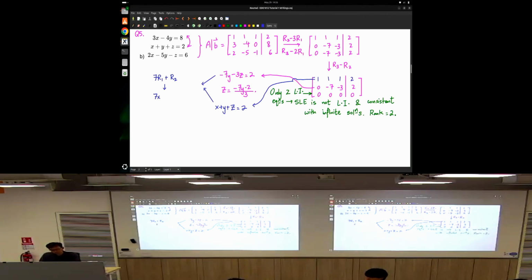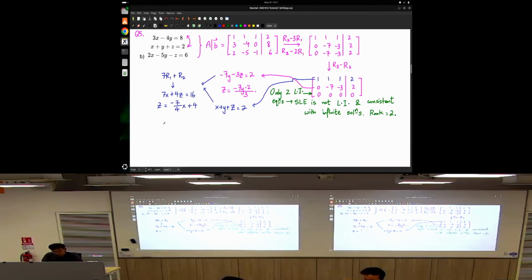So I'm going to get 7x plus 0y. Then after that, I have 7z minus 3z, so I'm going to get plus 4z. So therefore, this is equivalent to 14 plus 2, so that's 16. So isolating z is going to give you minus 7 over 4 x plus 16 over 4, which is 4.